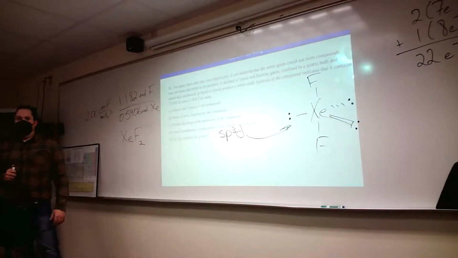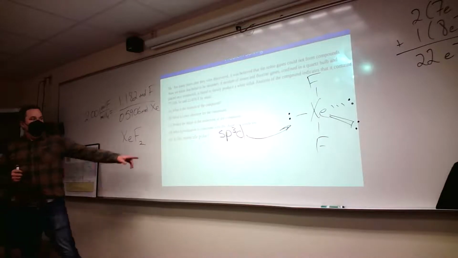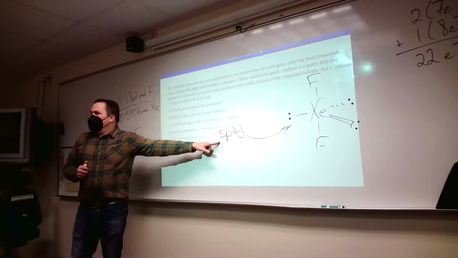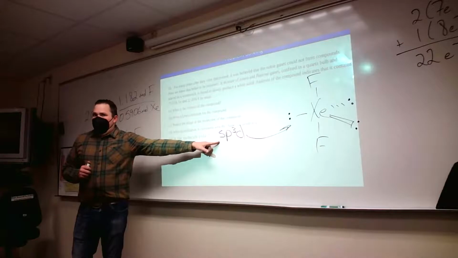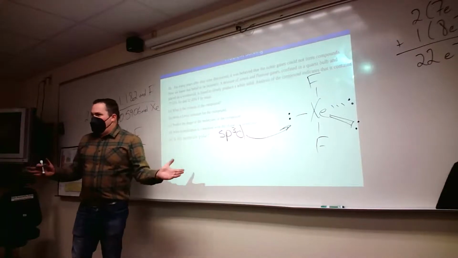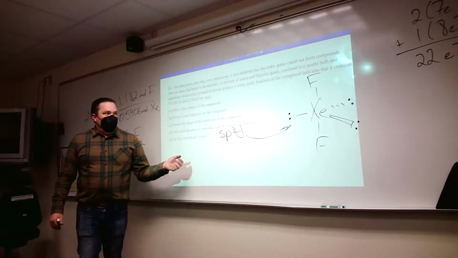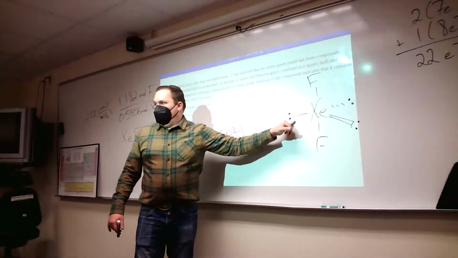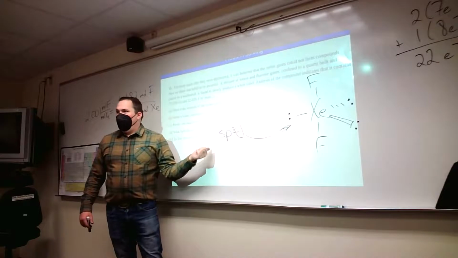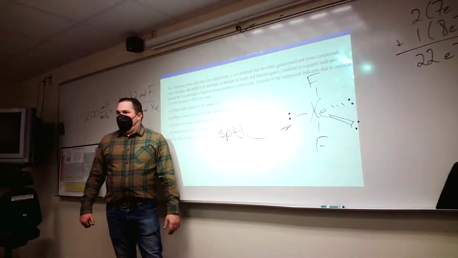You guys are good at your electron configurations. Rather than remember trigonal bipyramidal, you just call it sp3d. Right, it's a direct translation. It's 2 sides of the same coin. Trigonal bipyramidal is describing it in geometry terms. sp3d is describing it in orbital terms. It's the same shape.